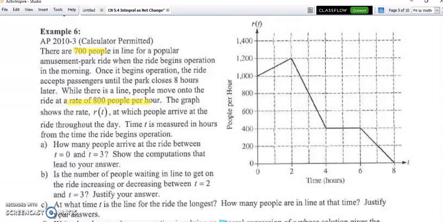So you have a rate in and you have a rate out from the line. So this right here, it's actually a constant. So this is my rate out. And then this R of T, when people arrive to the line, is going to be my rate in. And you do want to look for problems on the AP where they have this combination going on. Time is measured in hours since the time the ride begins.